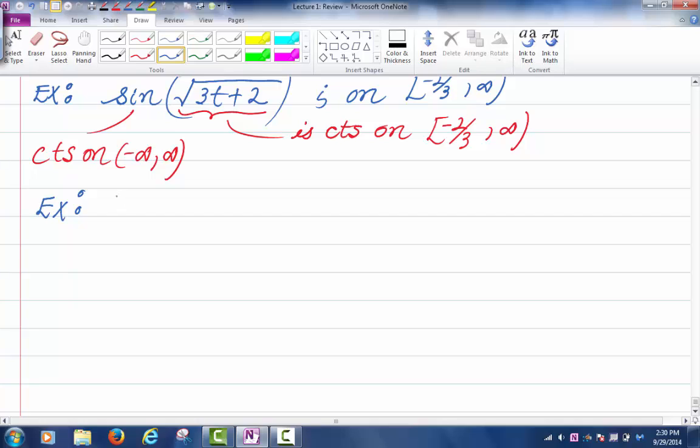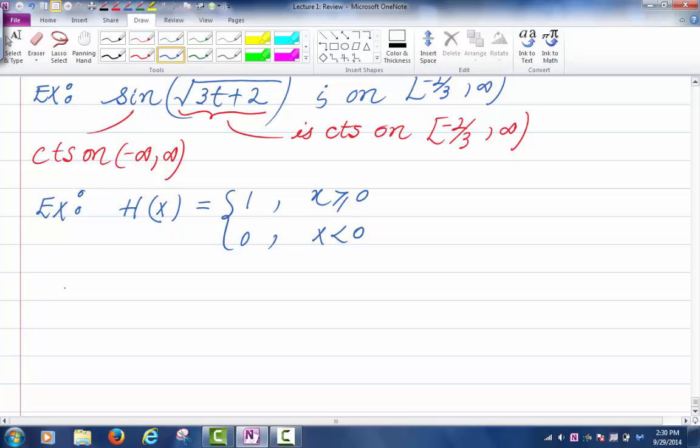Let's take this function h of x. H of x is given by 1 or 0. It's given by 1 when x is non-negative, and it's given by 0 when x is negative.